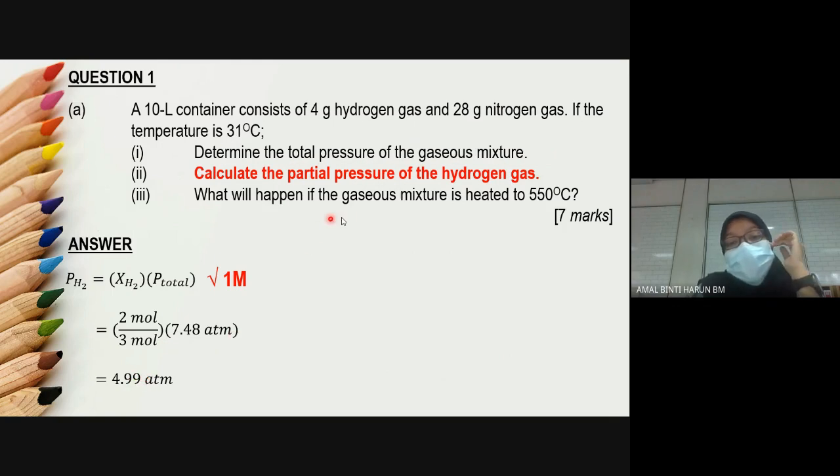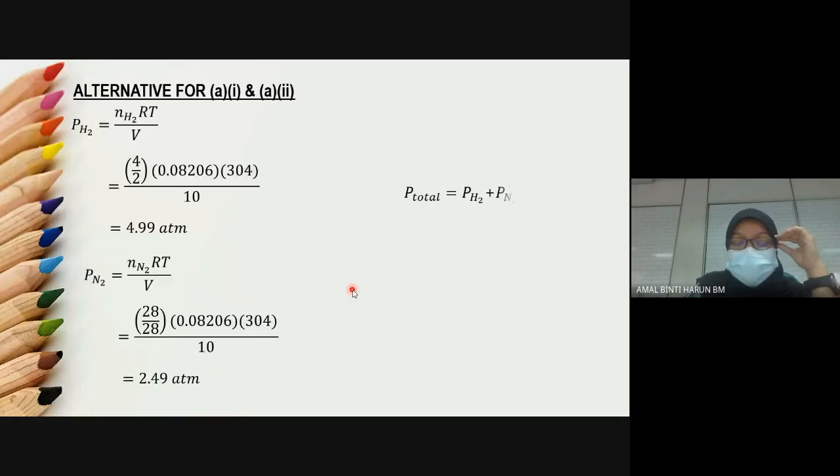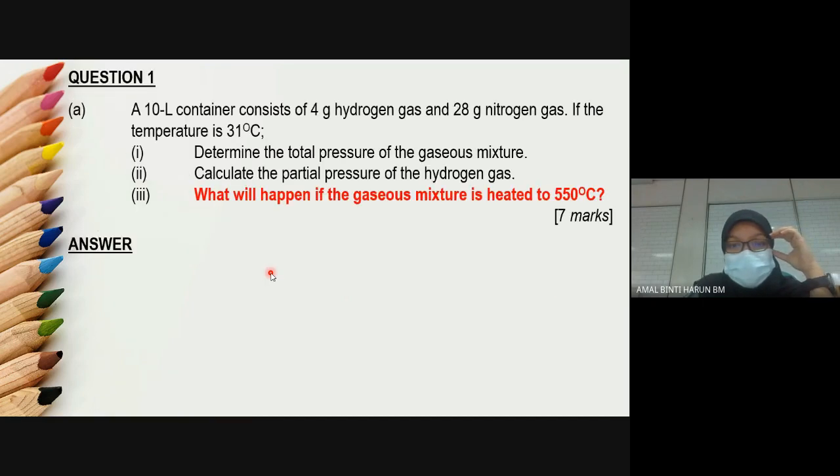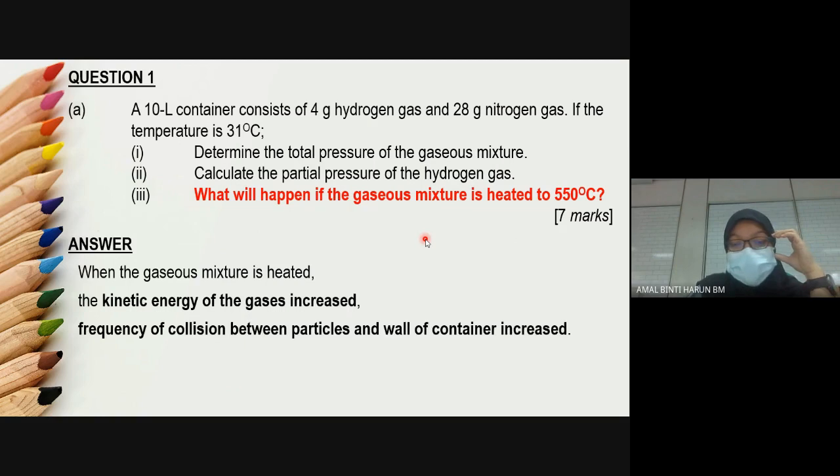What will happen if the gas mixture is heated to 550? We look at the formula PV = nRT. Here we find the partial pressure of hydrogen and nitrogen from the total pressure. Now we want to see what happens if the gas mixture is heated to 550.